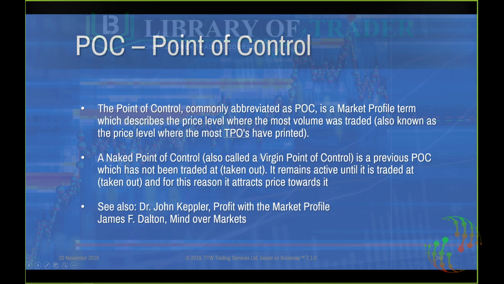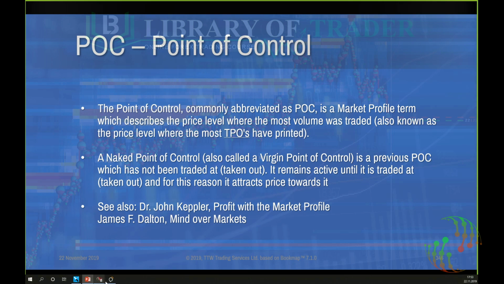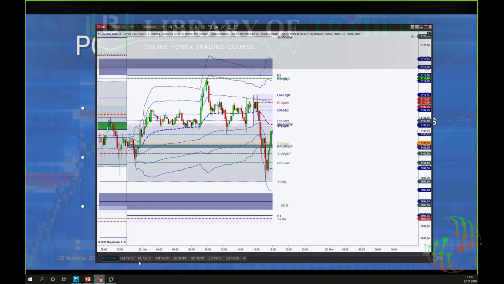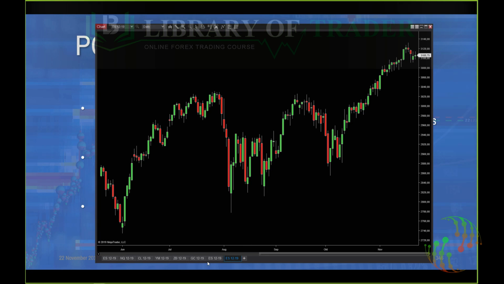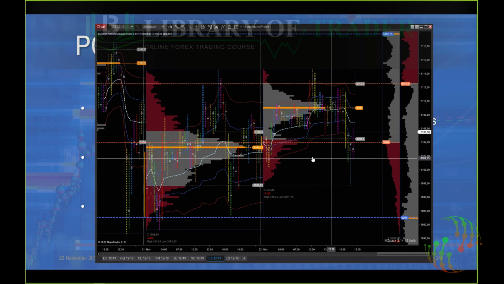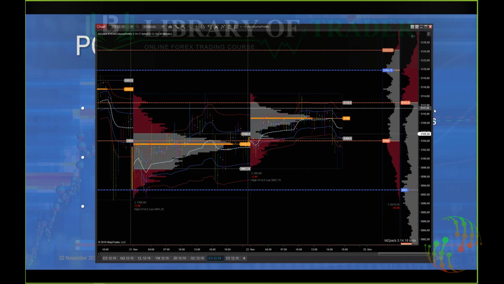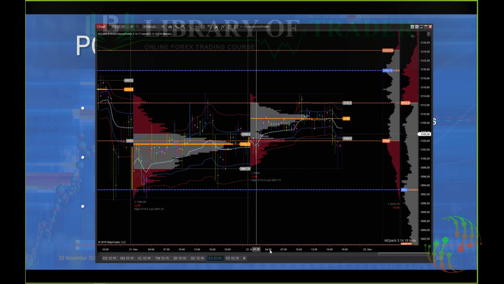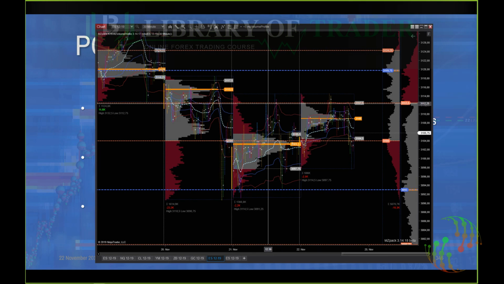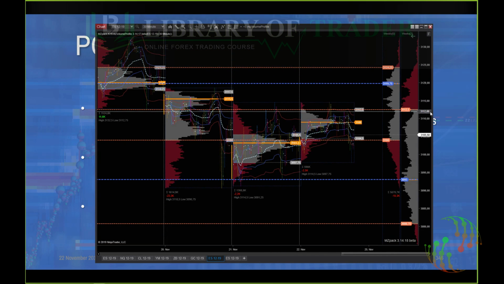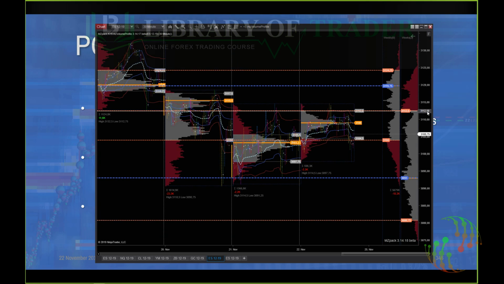If you have a chart like this one, then you for sure know where the volume profile is located, the naked POCs, the last POCs and the past POCs, the virgin, whatever you want, you can get it on your chart.